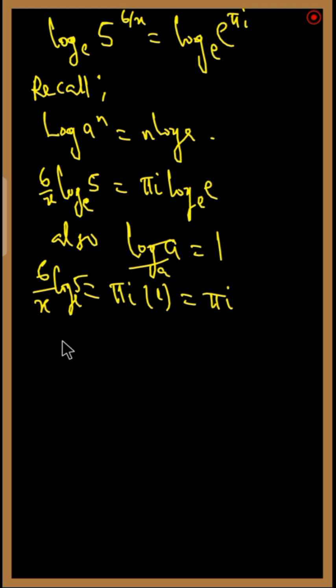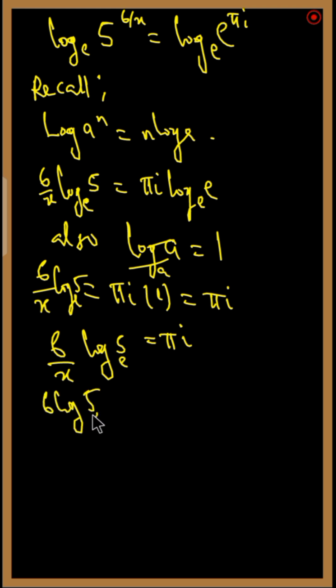Let me write this one properly: 6 over x then log 5 to base e is equal to pi i. When we cross multiply, we have 6 log 5 to base e equal to pi i multiplied by x.